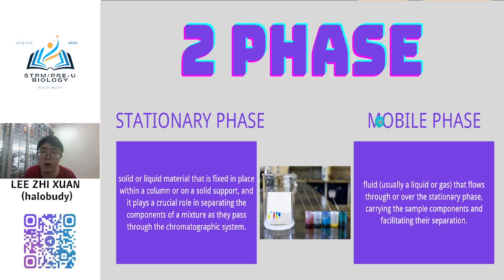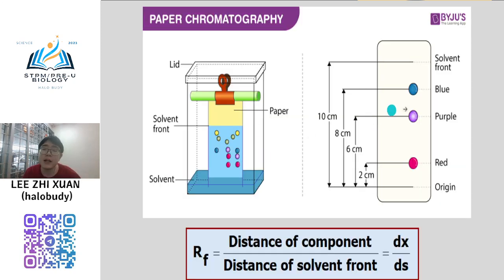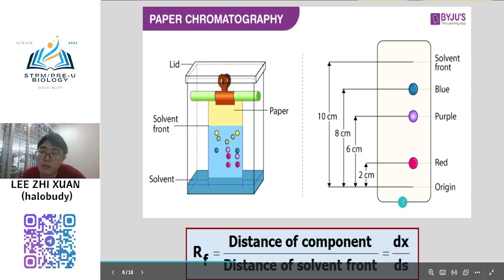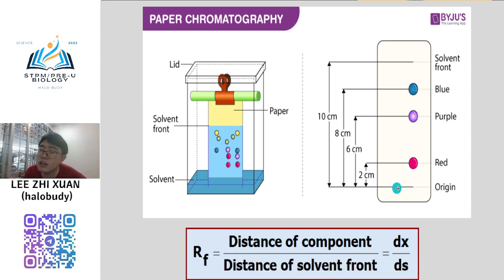So you need a pushing process, a transport process, to transport the sample. Normally you see this diagram, this is the paper, which we call the stationary phase, and you start at the origin here, where you dot your sample solution.